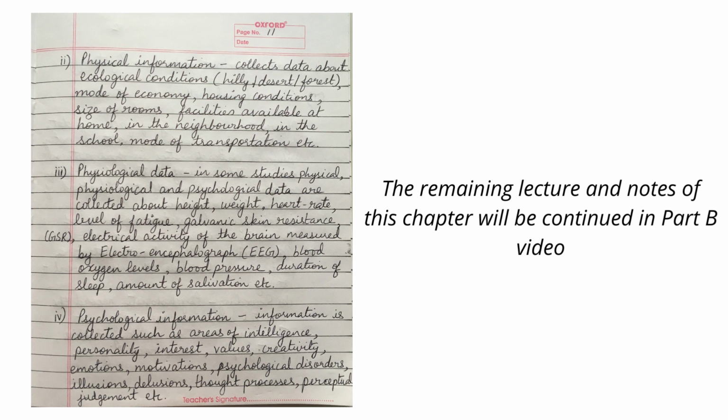Information is collected such as areas of intelligence, personality, interest, values, creativity, emotions, motivations, psychological disorders, illusions, delusions, thought processes, perceptual judgment, etc.